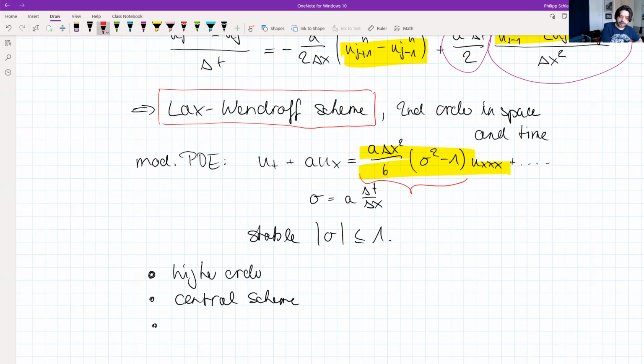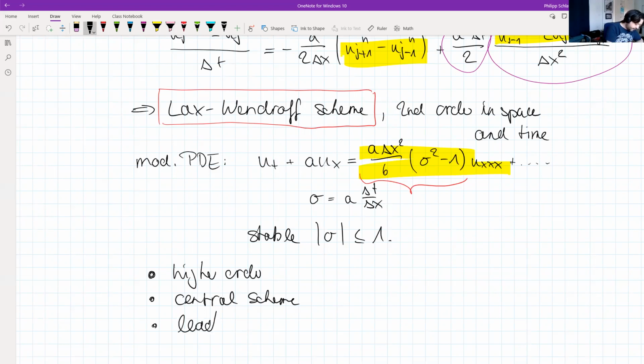Now, of course, the question is, what is the behavior of a third derivative? For a second derivative, we said it's a diffusion. But for a third derivative, it's actually something else. And this is what we're going to discuss a little bit later today in more detail. But let me just write that down first.